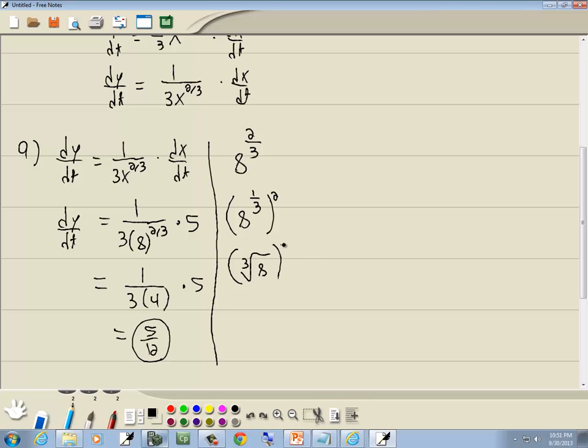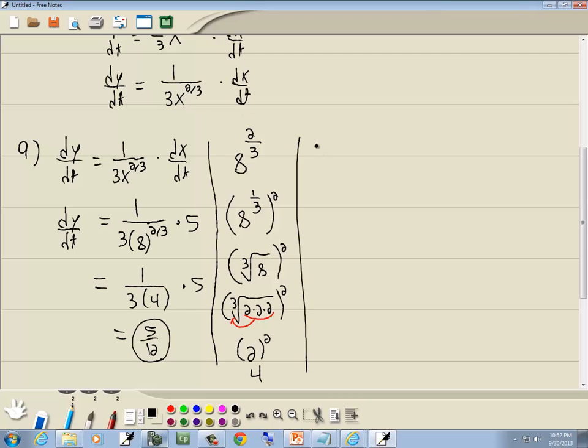We can put it back in radical form. Whatever number is in your denominator, that's your index. Now 8 is 2 times 2 times 2. Our index is 3, which means we're looking for a set of 3 of something. Here's three 2s, so that's going to come out in front as a single 2. So we're going to have 2 squared, which gives us 4. So that's how you could do it by hand.